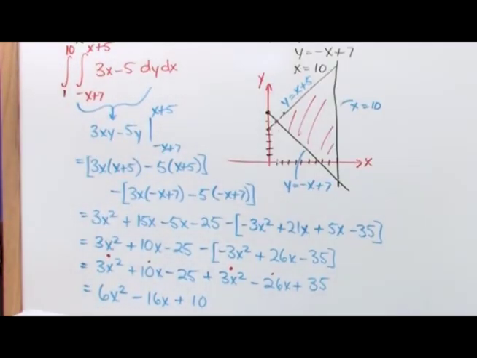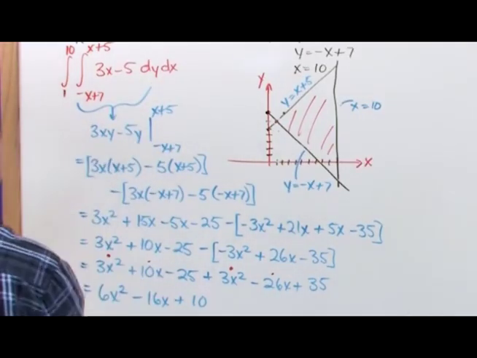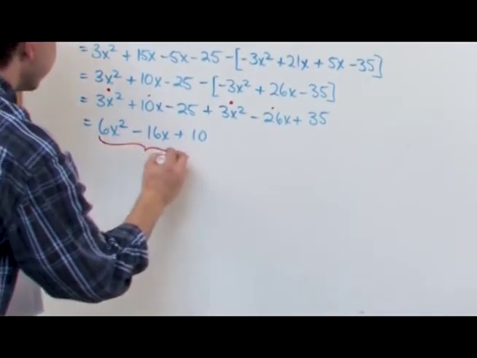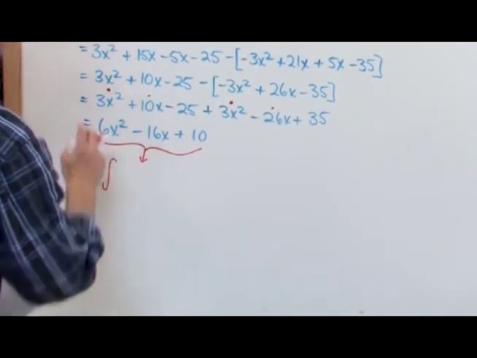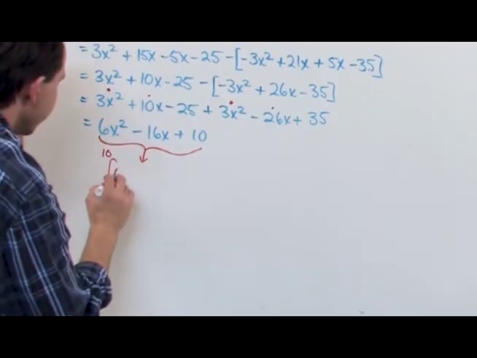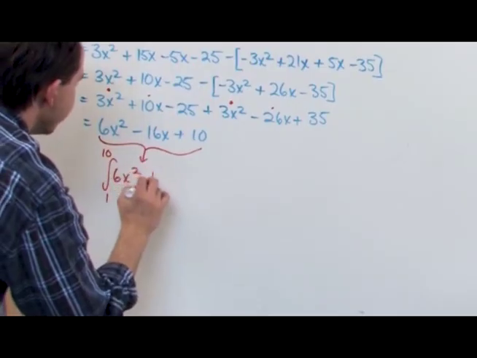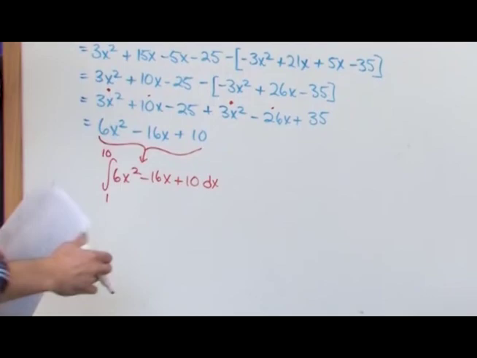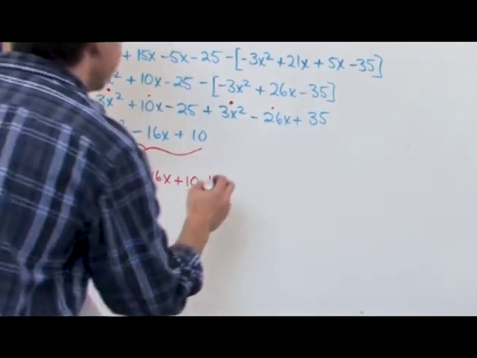Now what I need to do is take that and integrate this along this outer integral here. So I'm going to do that next. Integral from 1 to 10 of what I've just received here, 6x squared minus 16x plus 10 dx. This is a regular polynomial integral, nothing fancy about that.